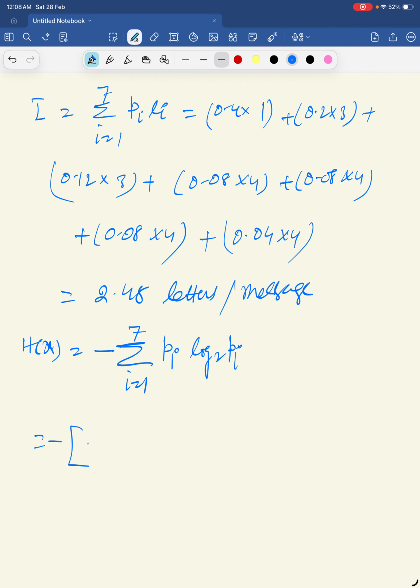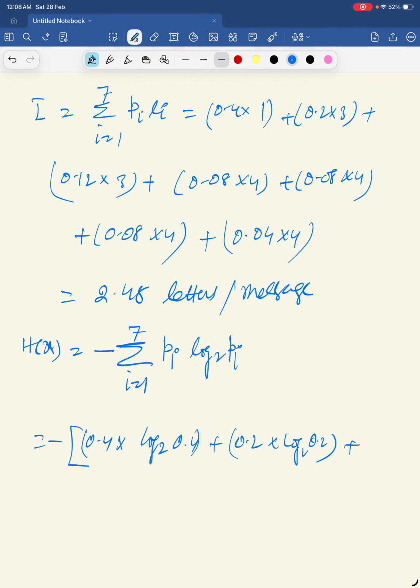So Pi is 0.4, the probability, into log 0.4. Similarly 0.2 into log 0.2.